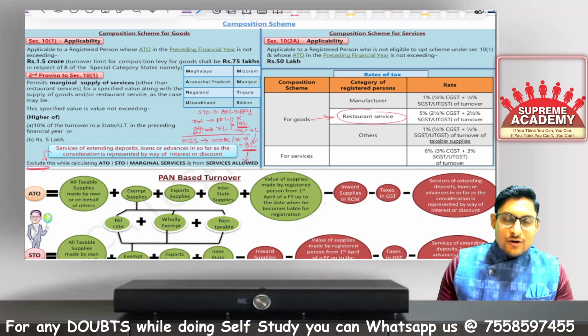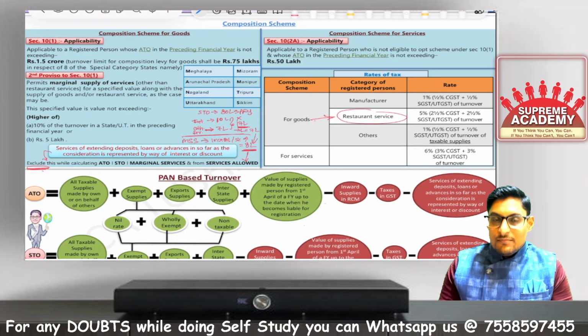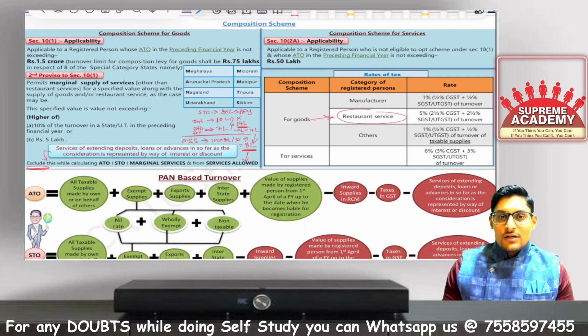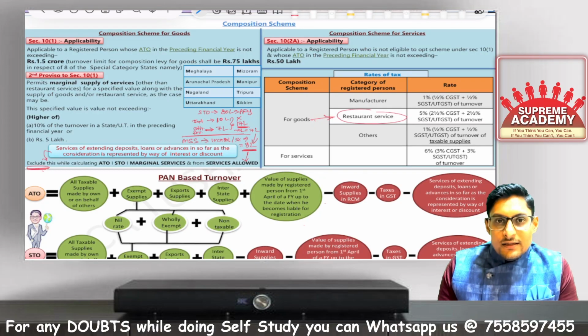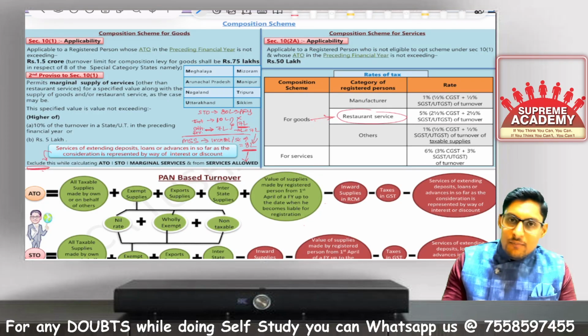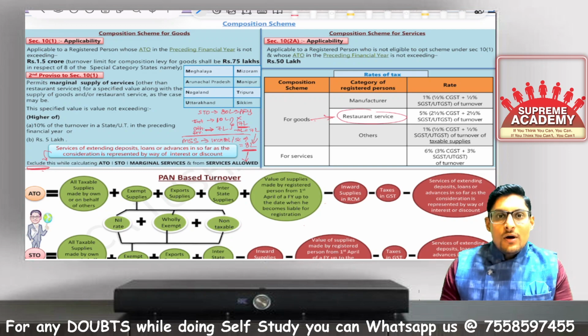So, today we are going to revise the topic Composition Scheme. Yes, Composition Scheme, section number 10. So, first of all, let me introduce what we mean by the composition scheme. See, there are many small taxpayers and small business persons who are doing business.